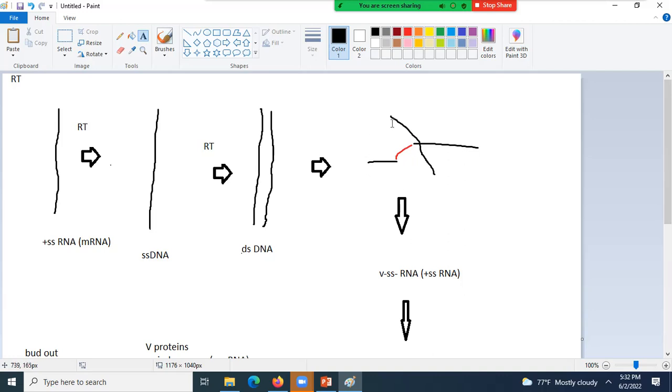And once that happens, for the lifetime of this cell, it will carry the retrovirus genome within the cell's genome. Any question about any of that?